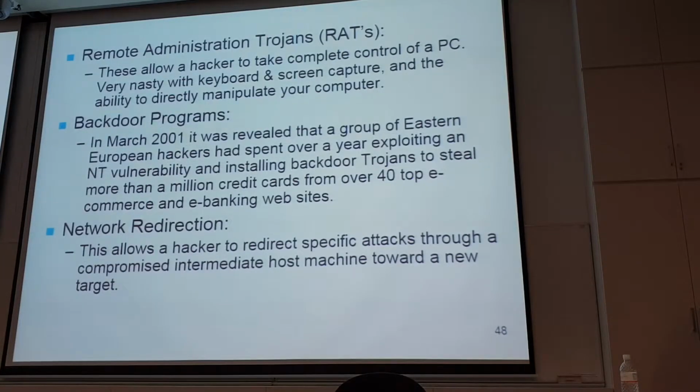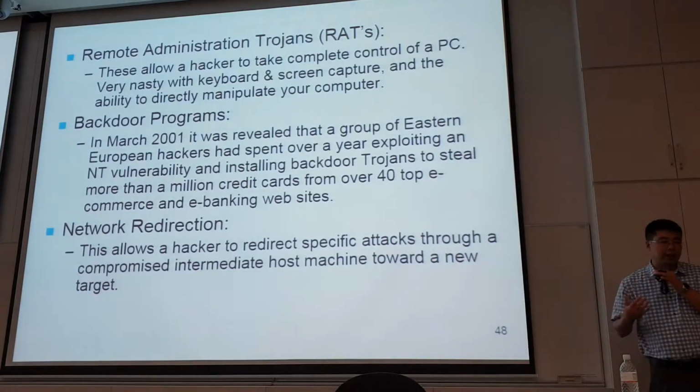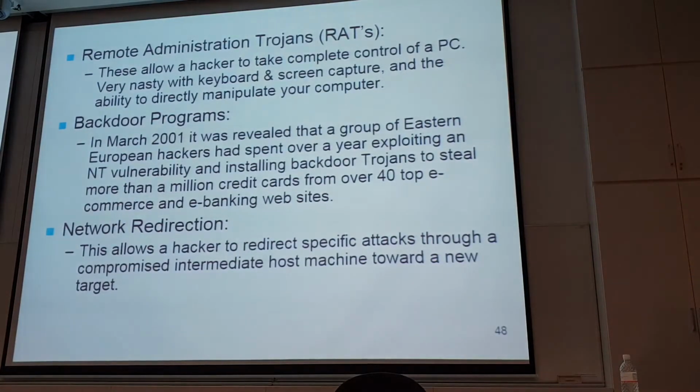Right. So you can also use a Trojan horse to assist other attacks. You can use a Trojan horse to do remote administration. That means, for example, the Trojan horse may open a port, and then this port allows the attacker to connect to your machine using this port.